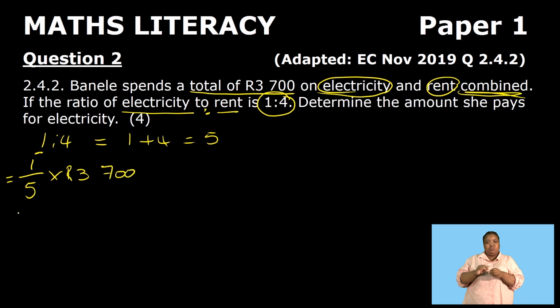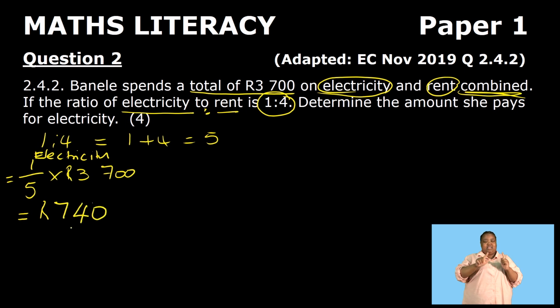Then for electricity, remember we must also indicate what we are calculating. At the top there you can write electricity, or at the end you can indicate that this is electricity. So now in this case it means 1 over 5 multiplied by 3,700. It means Banele pays 740 rands for electricity.